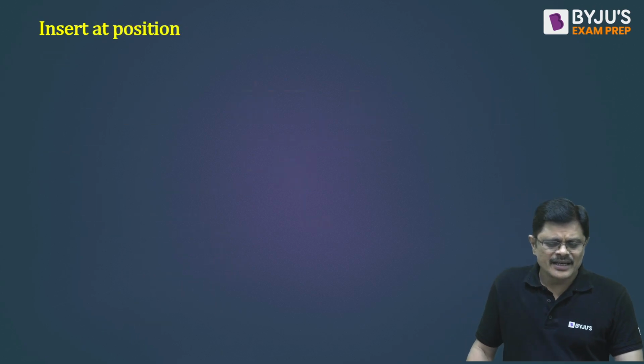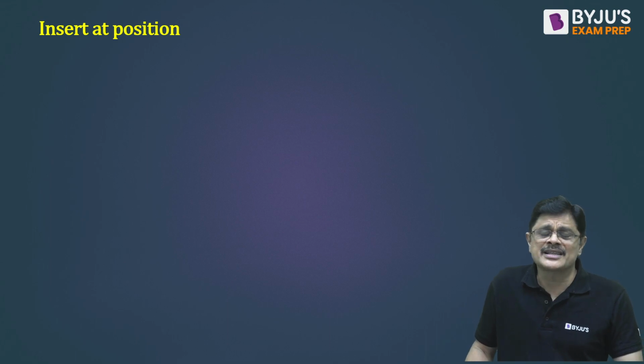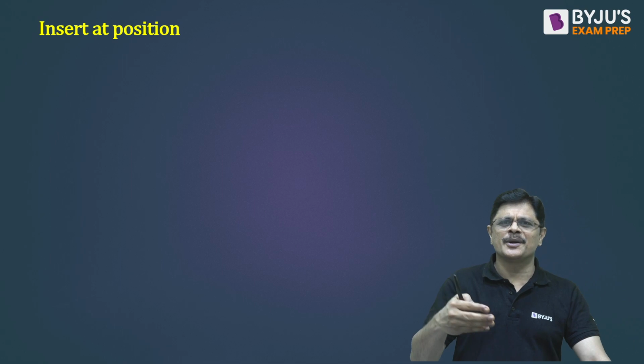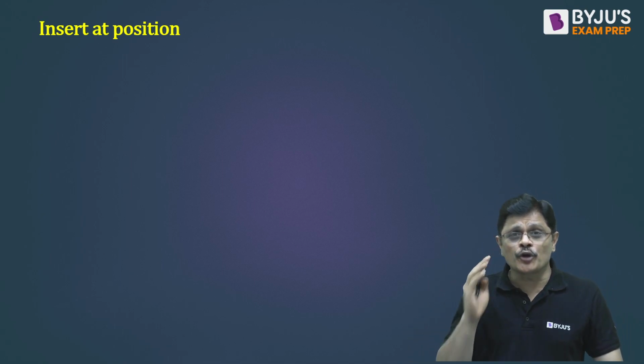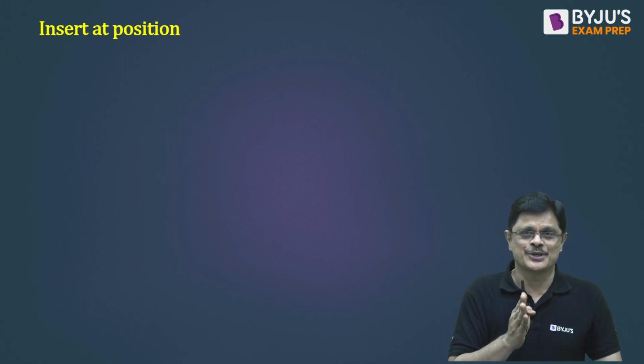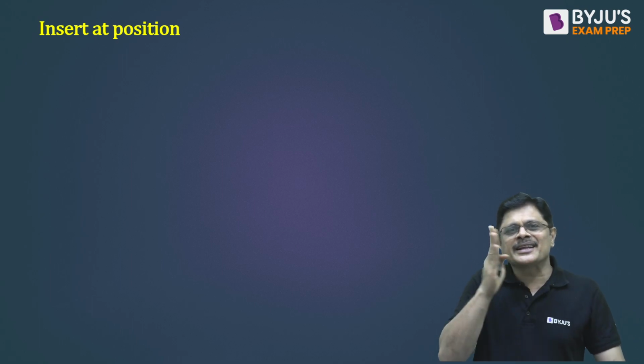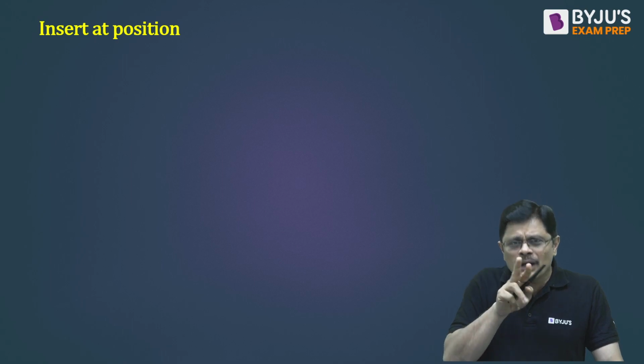Now let us see the last insertion process, that is insertion at a particular position. Maybe second position, third position, fourth position. The idea here is also the same. If you want to insert at the fourth position, you should reach the third position, because after the third the new node should come. It is the same as insertion after the third node.